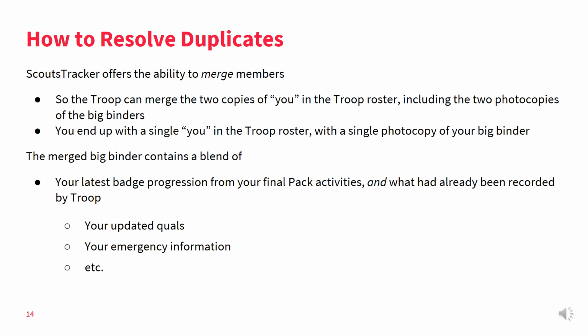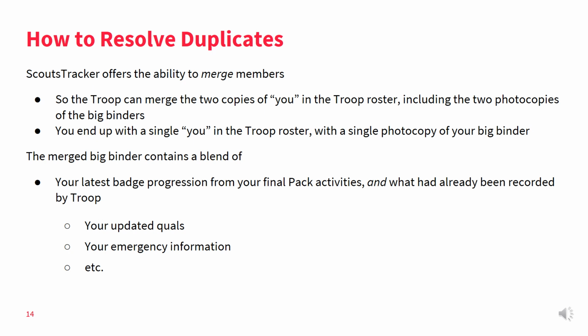A consequence of your pack scouters having moved you up to troop twice is that there's now two records for you in the troop roster. Luckily, ScoutsTracker has always offered the ability to merge members. So the administrator for the troop account can now select both copies of you and merge them.